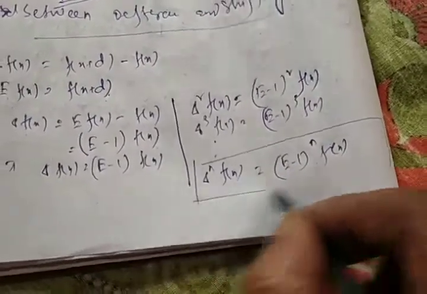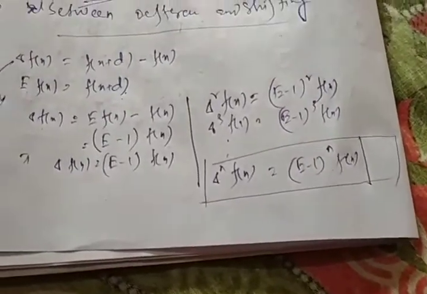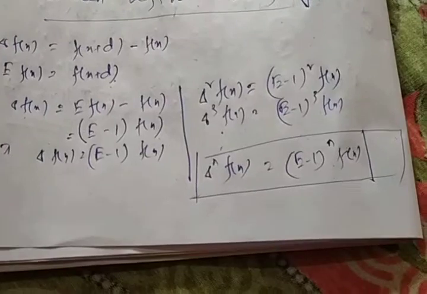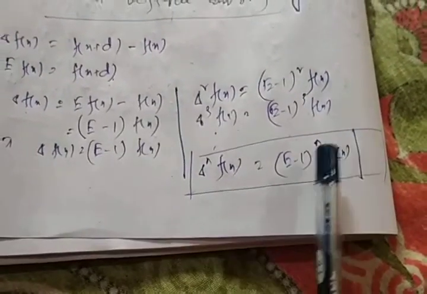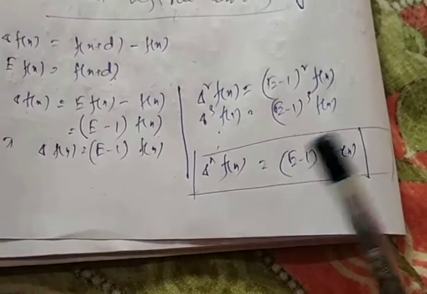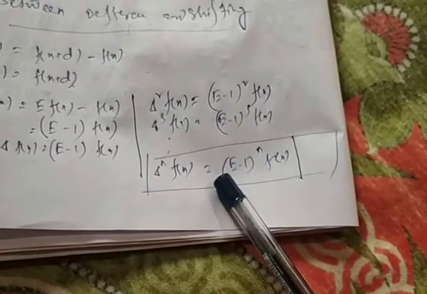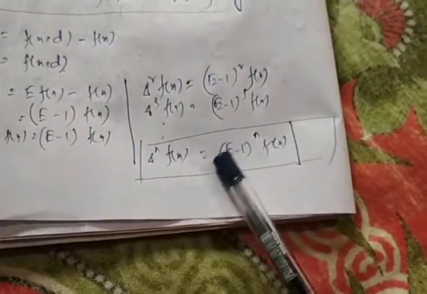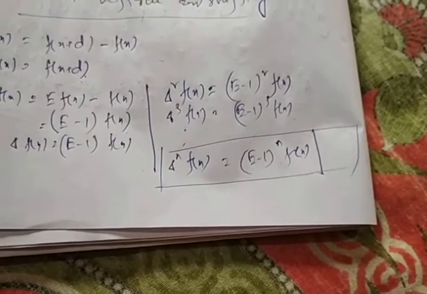So this is the relation between the shifting operator and the difference operator. When we derive the Newton forward and backward formulas, we will use this method.